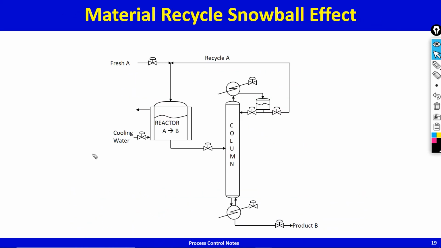Material recycle snowball effect. In most systems, the reactor is quite expensive because the catalyst is very expensive, and so the design will have a small reactor volume and a low single pass conversion.